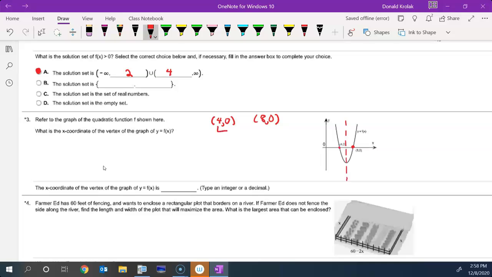So I want to find halfway between 4 and 8. So I'm going to add those up and divide by 2. So halfway there would be 6. So the x-coordinate of the vertex is going to be on that line. So its x-coordinate is going to be 6.